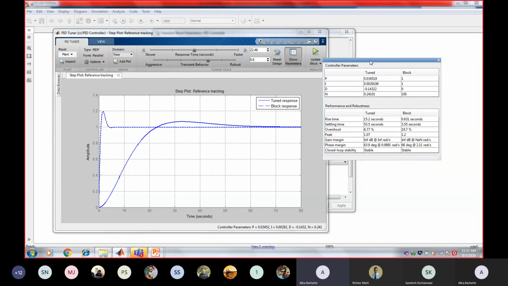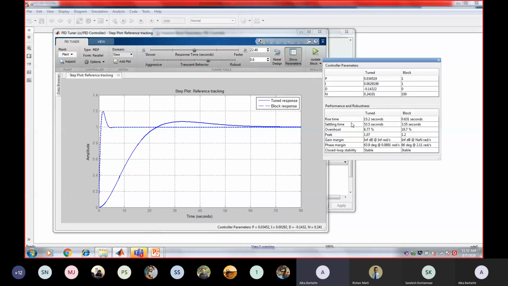These are the PID values: the proportional constant, integral constant, and derivative constant. These are the three values for the tuned curve, so this is the tuned response. And these are the values before tuning, where the proportional constant is 1, integral was 1, and the derivative was 0.